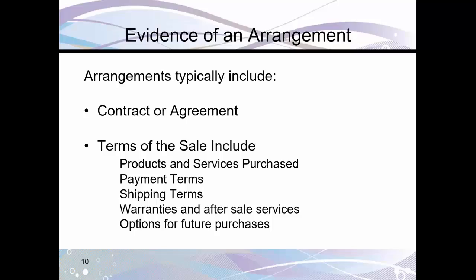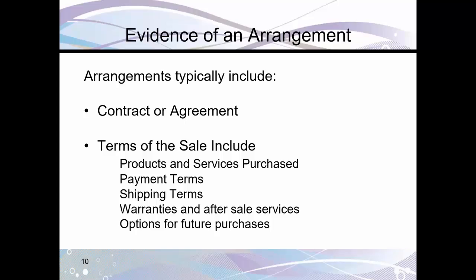What are the shipping terms? If there's a tangible product that's being delivered, does it become the customer's when the vendor hands it off to the carrier, or does it become the customer's when the carrier delivers it to the customer? What sort of warranties and other after-sale services might be part of that transaction?